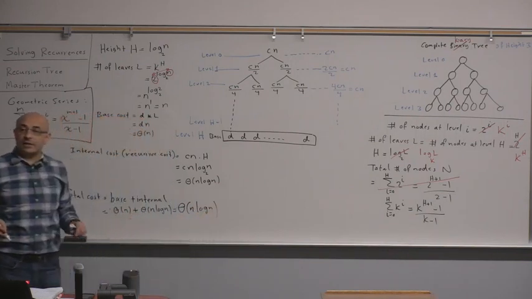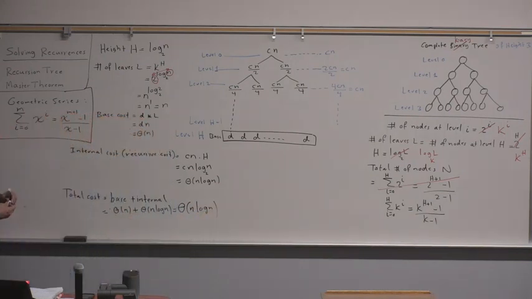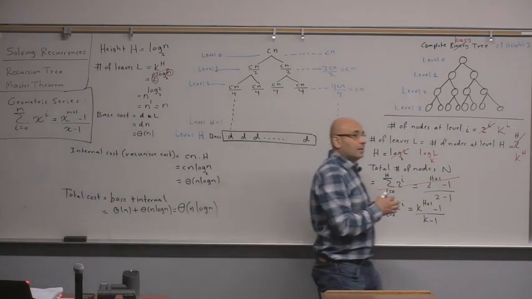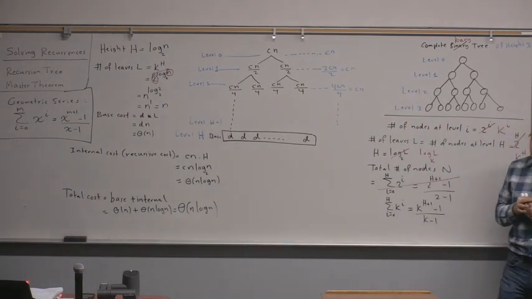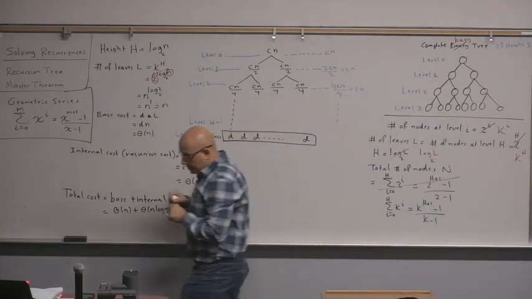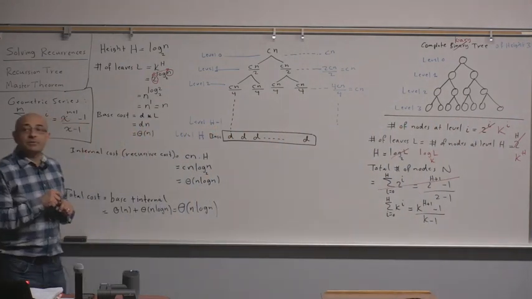So this is just a lengthy way of reaching the answer that we have already reached easily. But I think it's a good idea to apply this recursion tree method to an easy case that we have analyzed before.